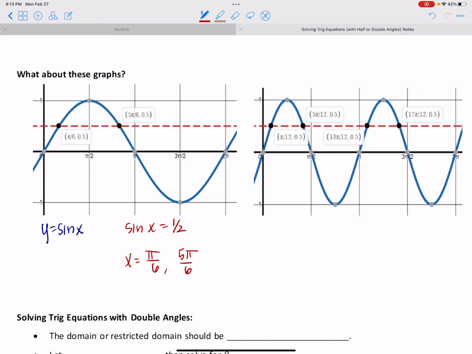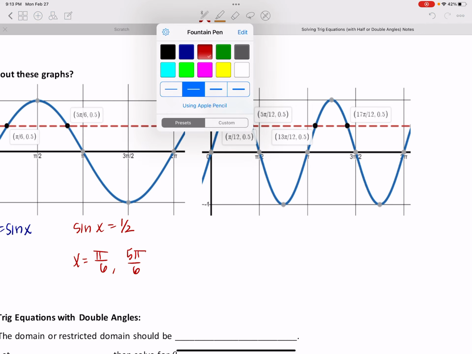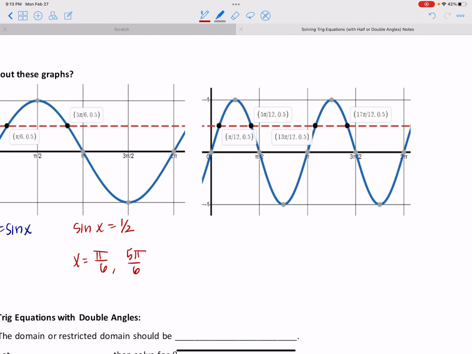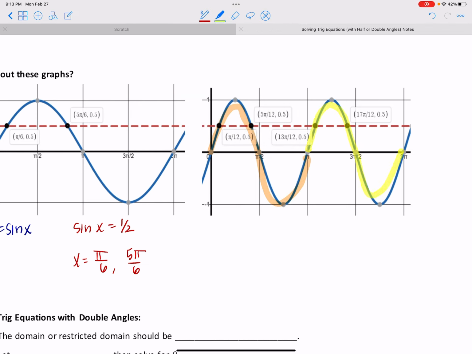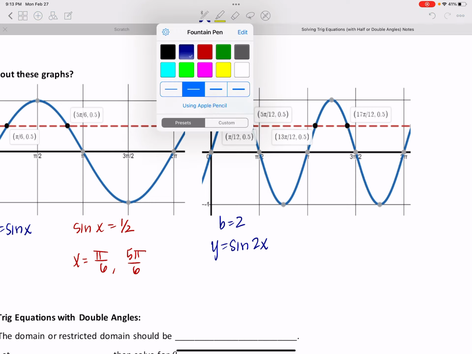Okay? Now, over here we see what's happening in this graph is instead of one cycle, I have one here, and I have a second one here. So not a half a cycle, but 2 cycles. That means b is going to be 2 in this one. So if b is equal to 2, then y is equal to the sine of 2x, a double angle. So what happens when I go to solve with my double angle?